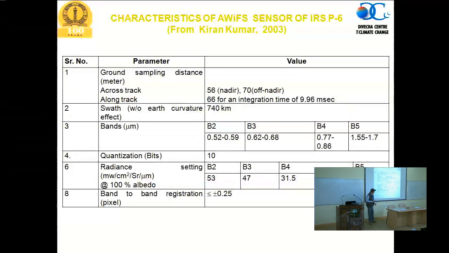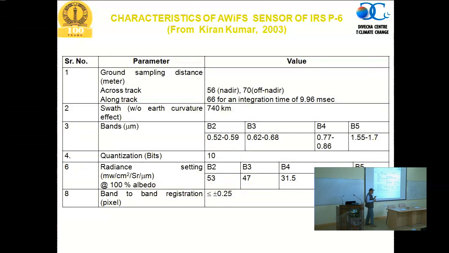That means this is a crucial parameter in any interpretation, because all electronic systems will need to decide up to what maximum extent they will record the data. Suppose the saturation limit is given as 53 microwatt per centimeter square per steradian per micron. What it means is if band 2 receives 53 microwatt energy, it will be recorded as 53.